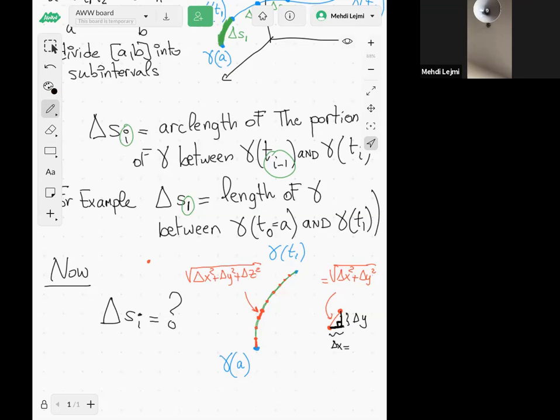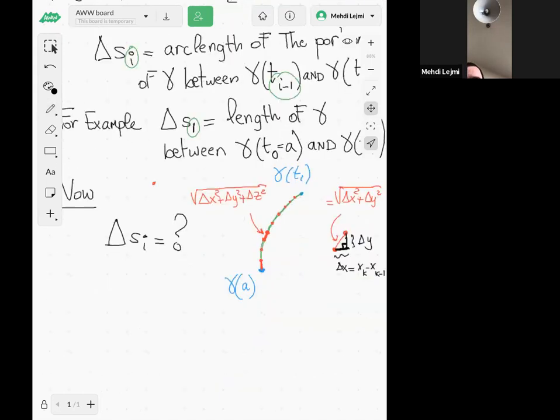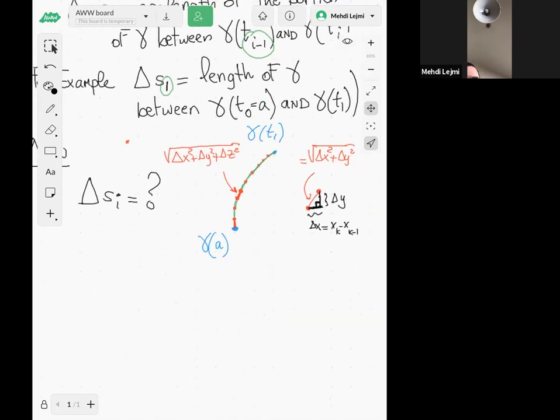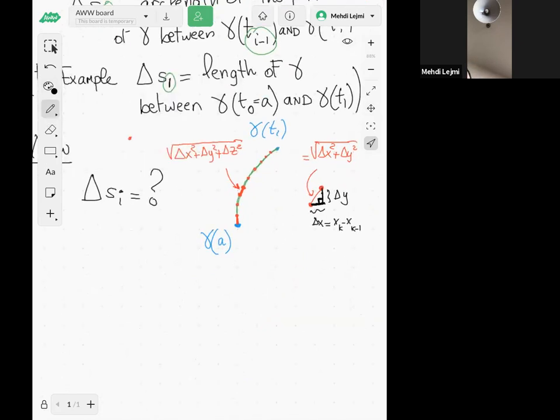Delta x is like x subscript k minus x subscript k minus 1. That's the change in the variable x. Delta y is the change in your variable y, etc. So I can approximate my delta s i, the arc length, the portion of gamma between gamma of t i minus 1 and gamma of t i, using this Pythagorean theorem.